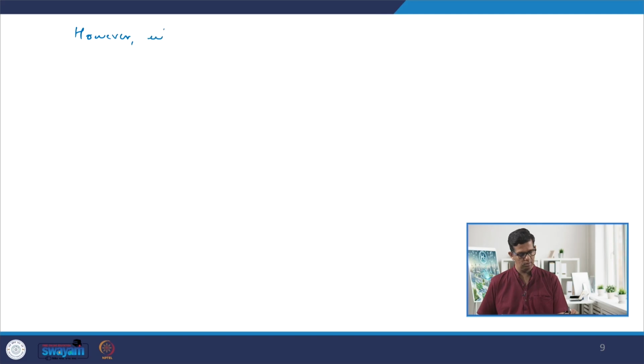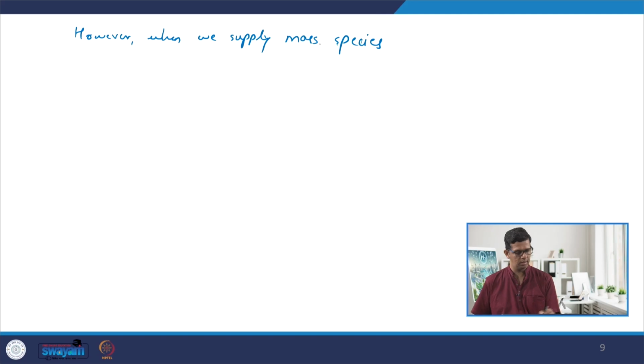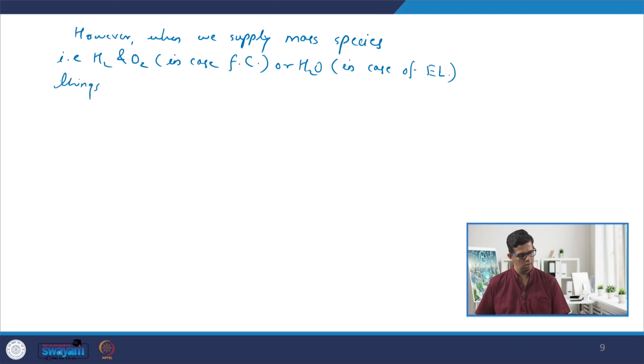However, when we supply mass species, that is H2 and O2, say this is in case of fuel cell, or water in case of electrolysis, things become more complicated than they appear.